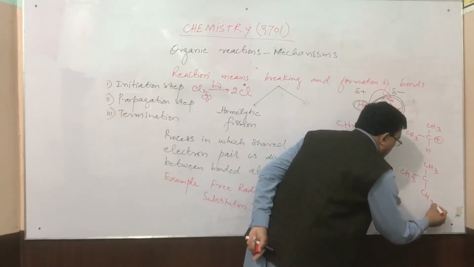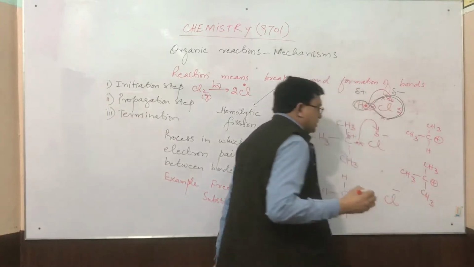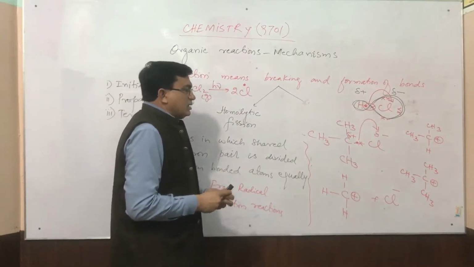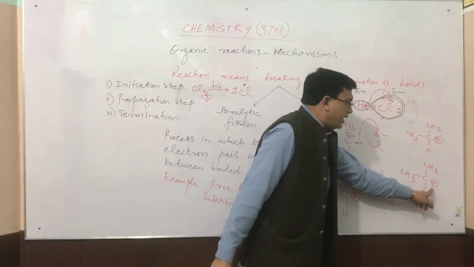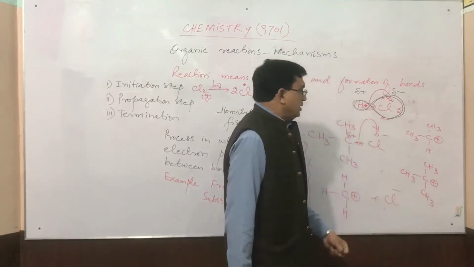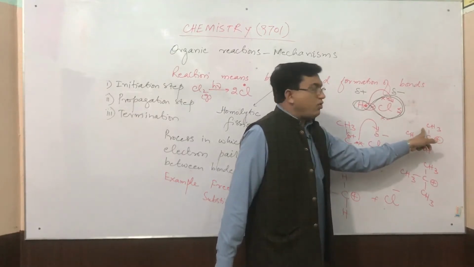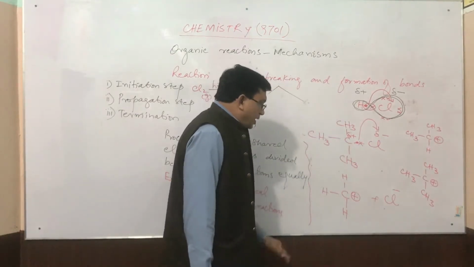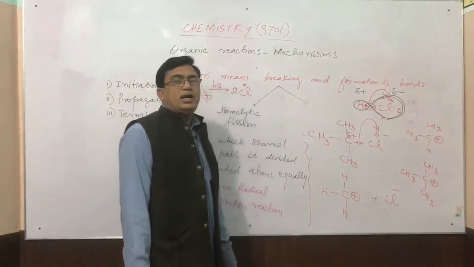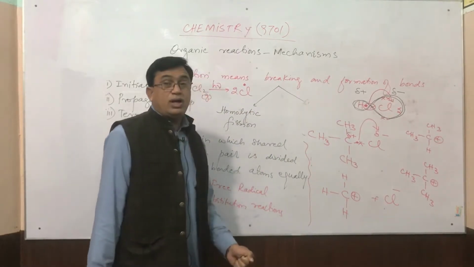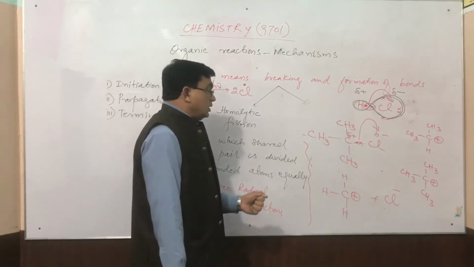Now, if we discuss stability, the tertiary carbocation is the most stable, then the secondary carbocation, and the primary carbocation is the least stable one. Why is it so?